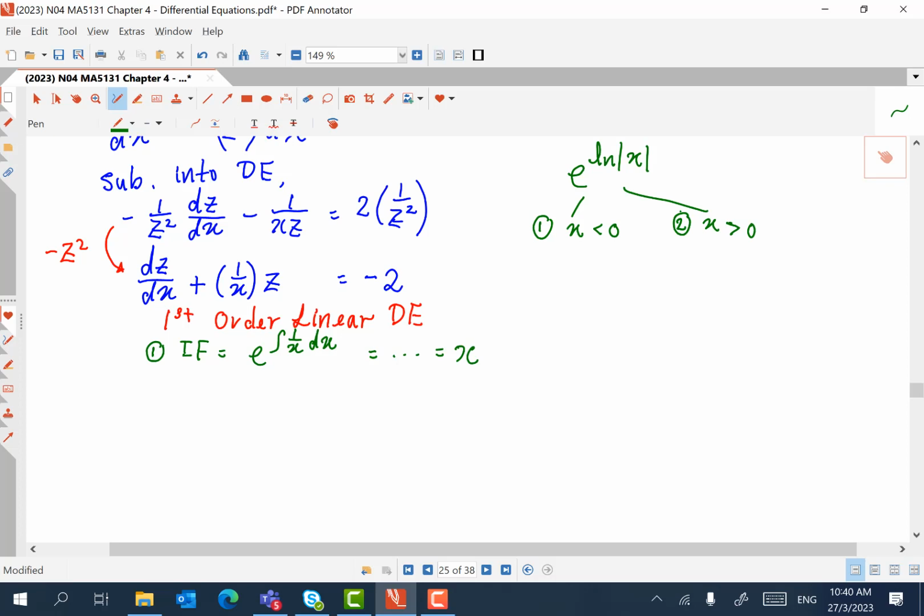If x is positive, this is going to be e ln of x, and it's indeed x right now. So if x is negative, you're going to say that this becomes e ln of negative x right now. Therefore, you're saying that there ought to be two possibilities. You know what I mean?